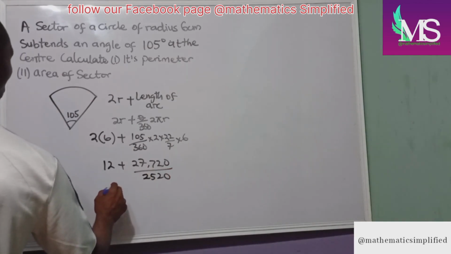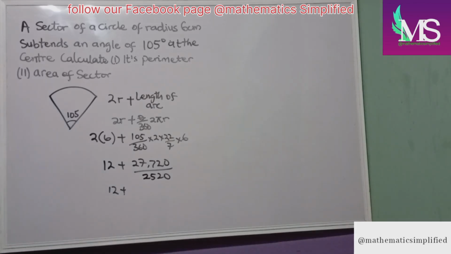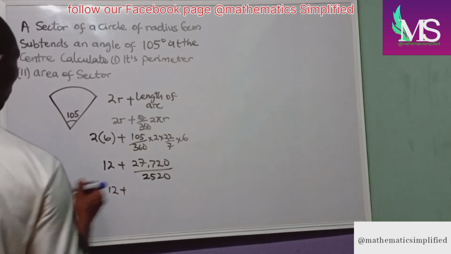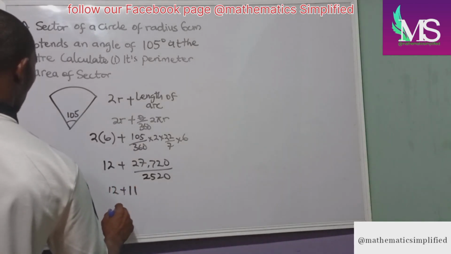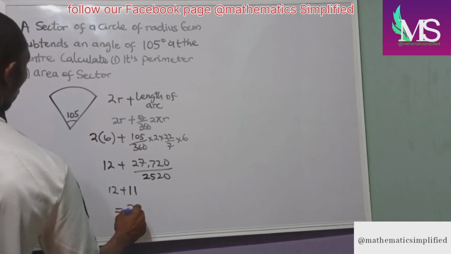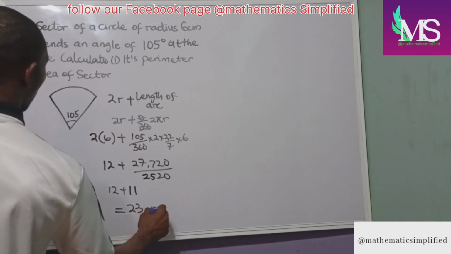So this will be 12 plus 27,720 divided by 2,520, that will give us 11. So our perimeter equals 12 plus 11, 23 centimeters.